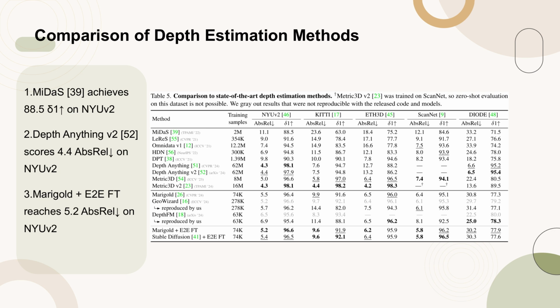The table also highlights the performance of other methods such as LeReS, 55, Omnidata V1, 12, and HDN, 56, among others. Notably, Metric3Dv2, 23, was trained on ScanNet, making zero-shot evaluation on this dataset impossible. Results that were not reproducible with the released code and models are grayed out for transparency.